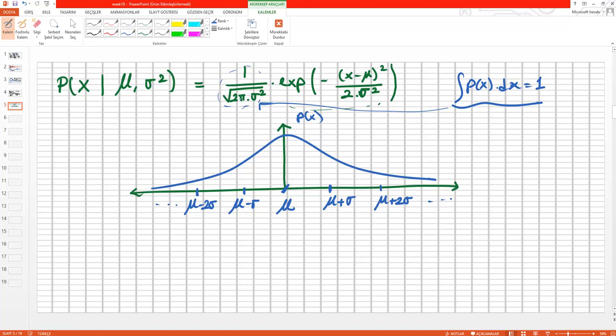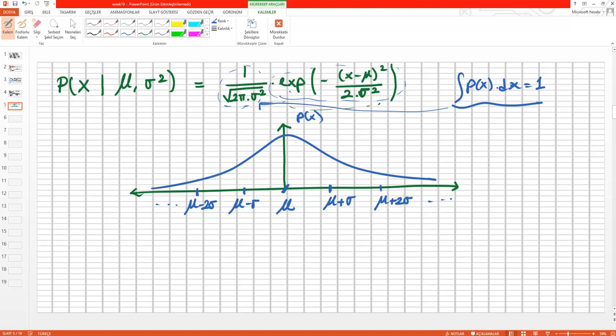But it must be 1. This creates these terms. The integral of only the exponential, for example, may be 4 or 5 or 6, but in this case we must satisfy that this integral must be equal to 1.